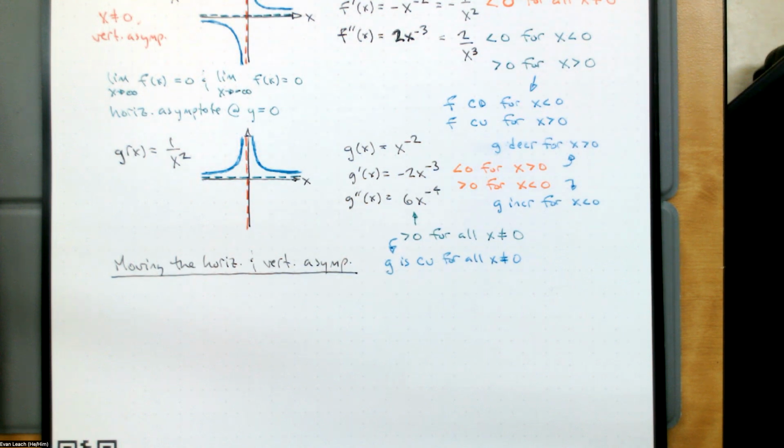If we're going to maintain the shape of this, let's just go with the 1 over x hyperbola. If we want to keep the shape and move the horizontal and vertical asymptotes, we can do that with a translation by shifting up and down or left and right.